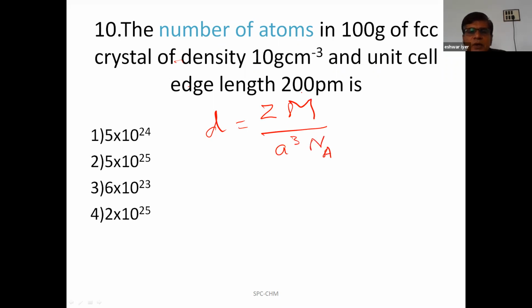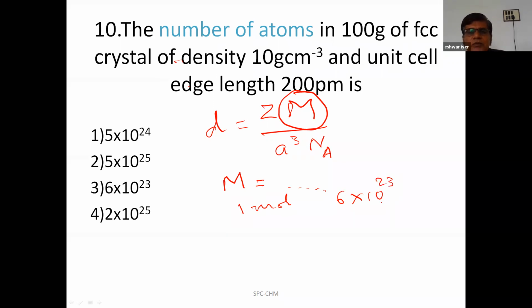So what is not known here is m. You'll have to find this. And if you know the molecular formula, from that you can find how many atoms. So 1 mole, in 1 mole it is Avogadro number of atoms. Let me write 6 into 10 to 23 atoms, and then you find it for 100 grams. So you need to divide this by molar mass and then multiply by 100.